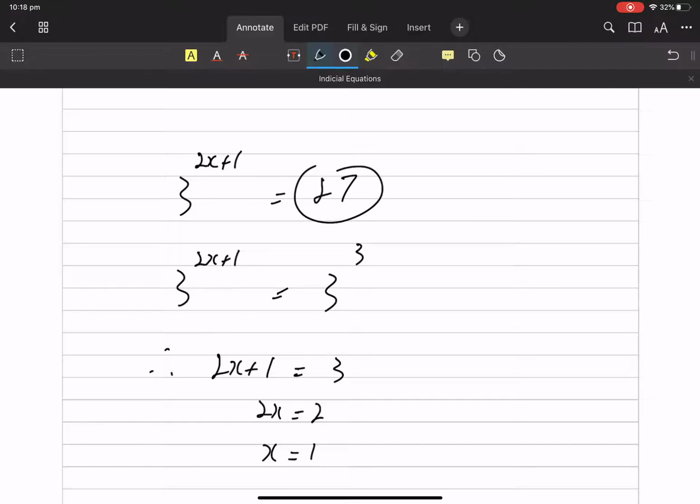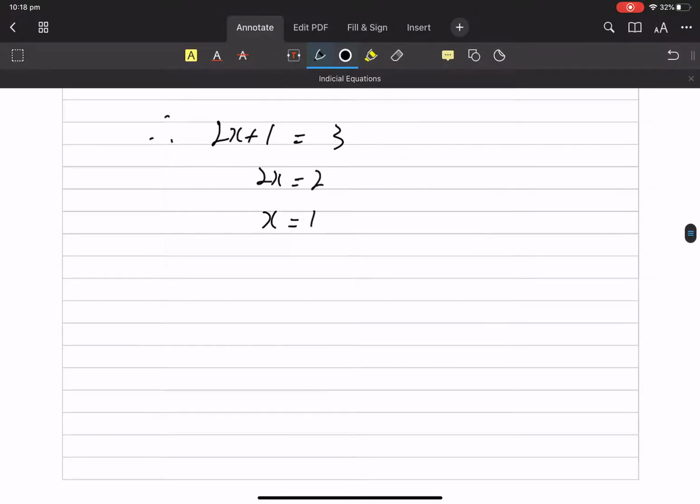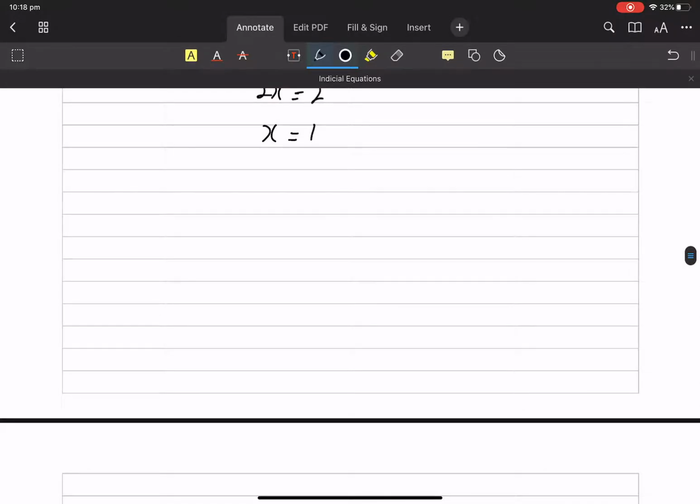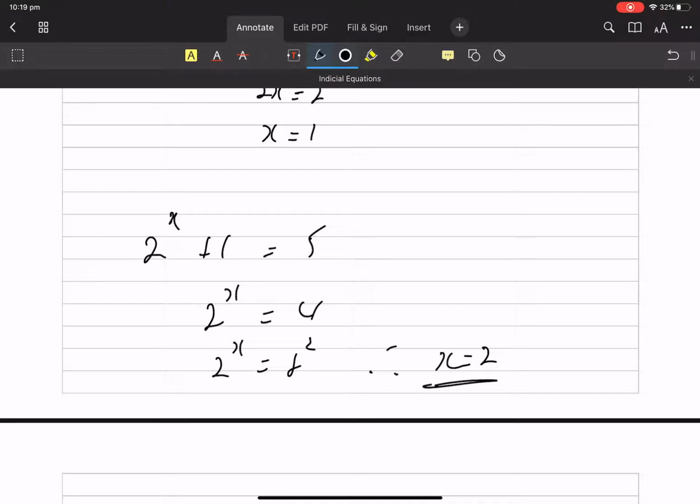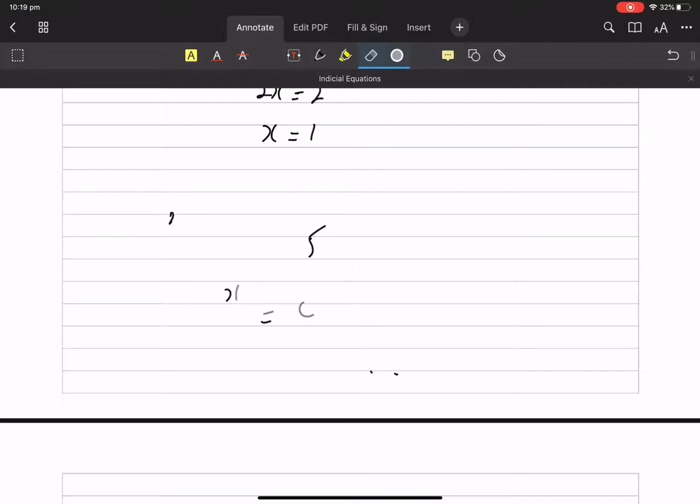So it's just about that extra line. 2 to the x plus 1 equals 5. 2 to the x equals 4. Therefore, x equals 2. So we've got to justify how we're doing our working.